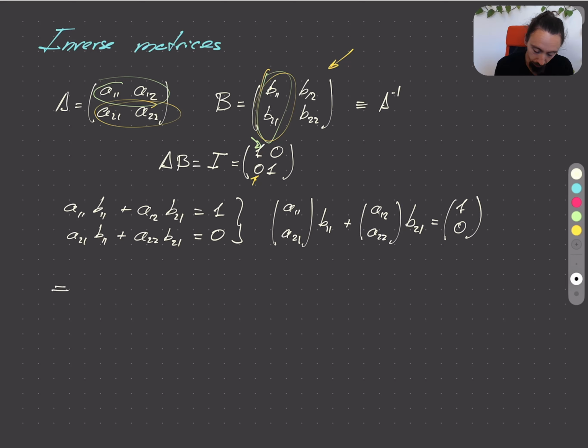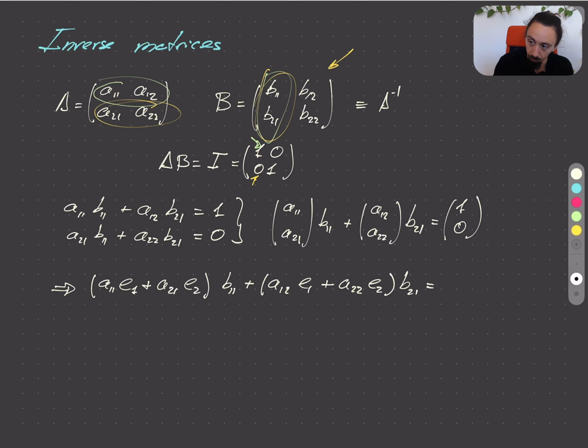So we can transform it as before to the following expression: (A11 E1 plus A21 E2) B11 plus (A12 E1 plus A22 E2) B21 equals E1, because this is exactly the second equation.